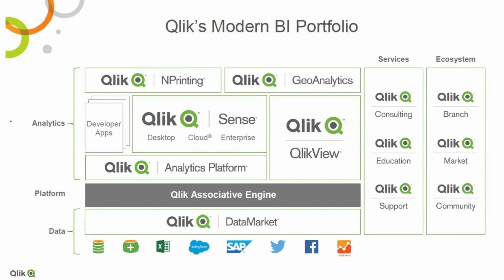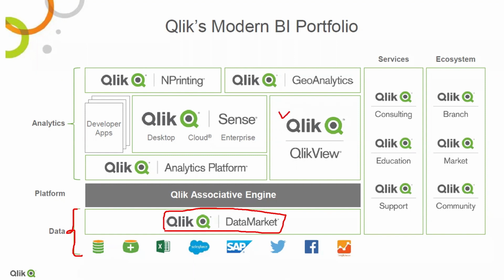Now let's look at the different offerings of Qlik and where they stack against each other. On the data side, starting from the very bottom, you have Qlik Data Market, which has some pre-built connectors or pre-configured data sets which are already available. You can just bring them into your dashboard.